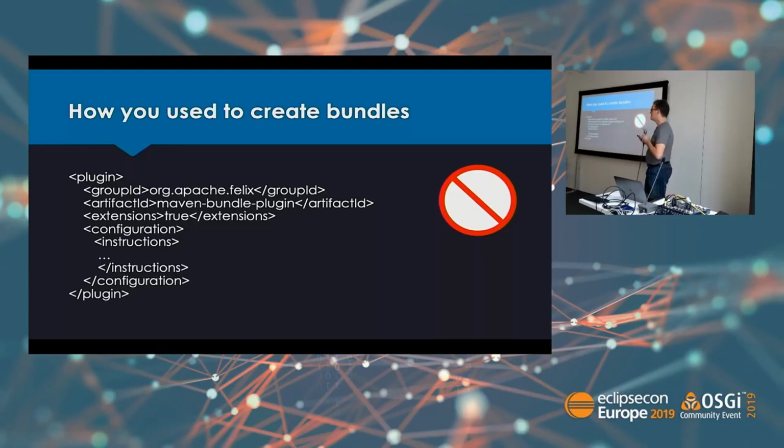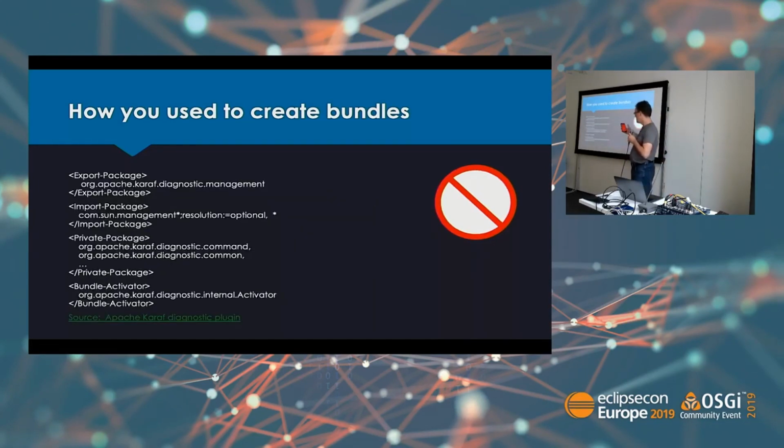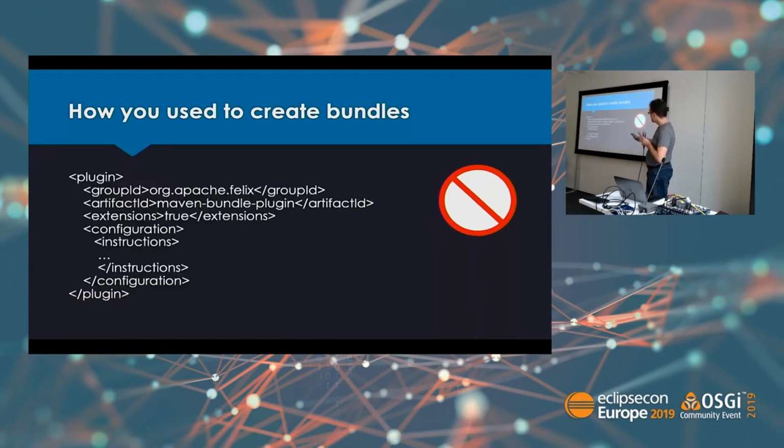And it's also very bad if you have builds that are not mainly OSGi, but rather some library that also wants to play in OSGi, but is not mainly for OSGi. Then those people really do not like to change their whole build into type bundle for every module. And so this is not really recommended anymore. The other thing is inside this instructions section, you can configure the whole stuff.